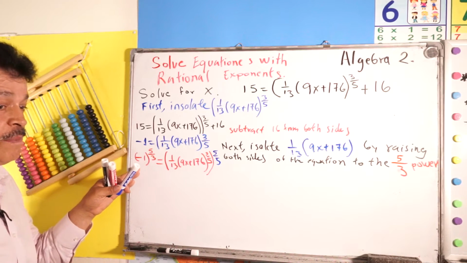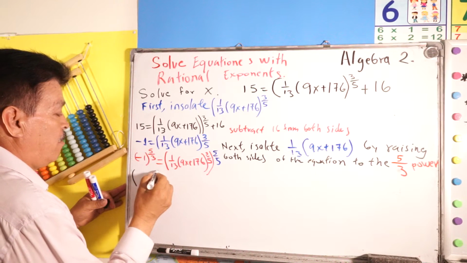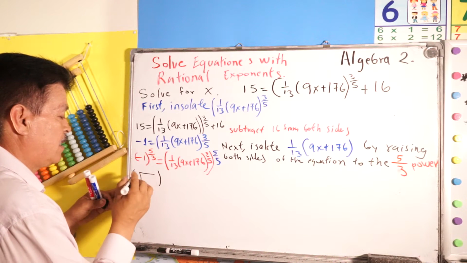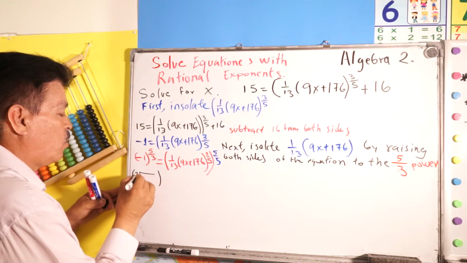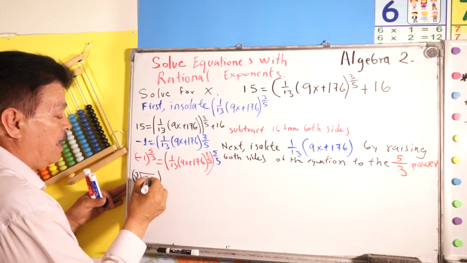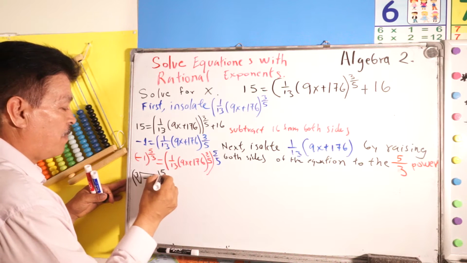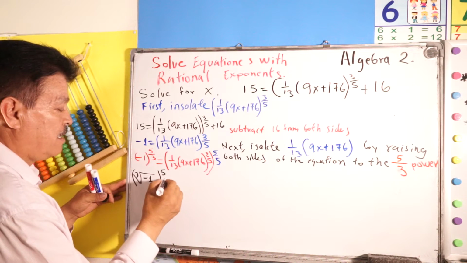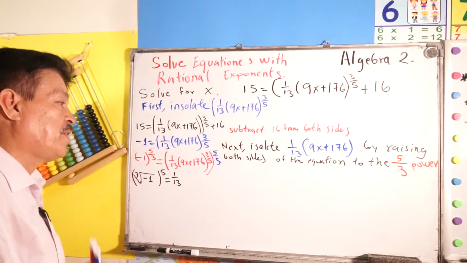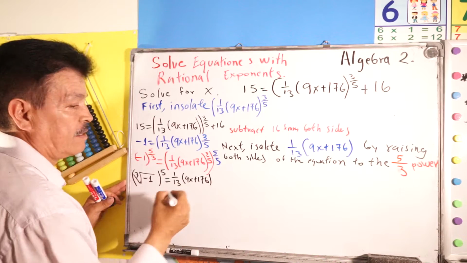We will have, in parentheses, not a square root, the cube root of negative 1, to the fifth power, equals, on this side, 1/3 times (9x plus 17). So that's it.